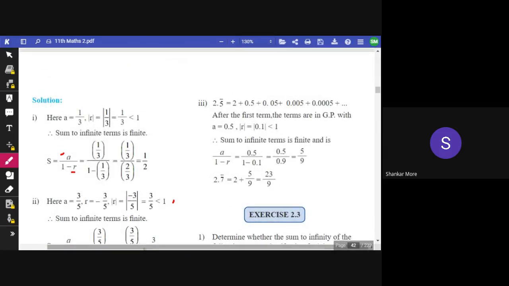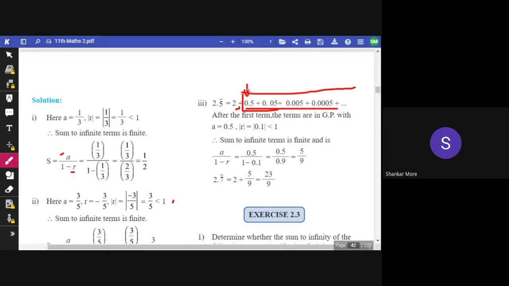After that, same process over here also. Okay, there is no issue. So what has changed here? After the first term, the terms are in GP with a equals 0.5 and mod of r equals 0.1. So you have to take this term separately, and this is the GP. This is the only difference. 2 is not included in the GP.